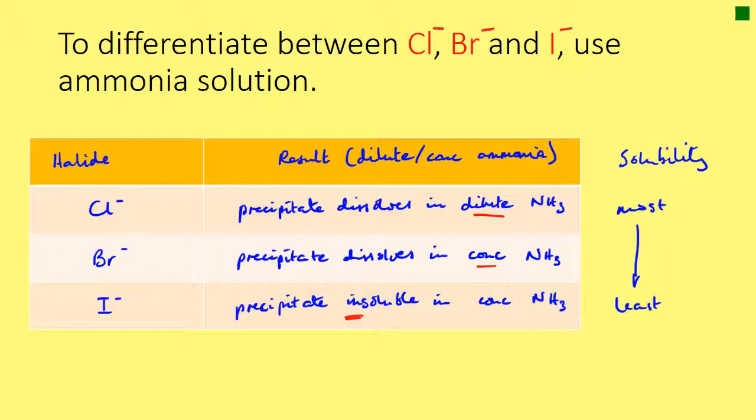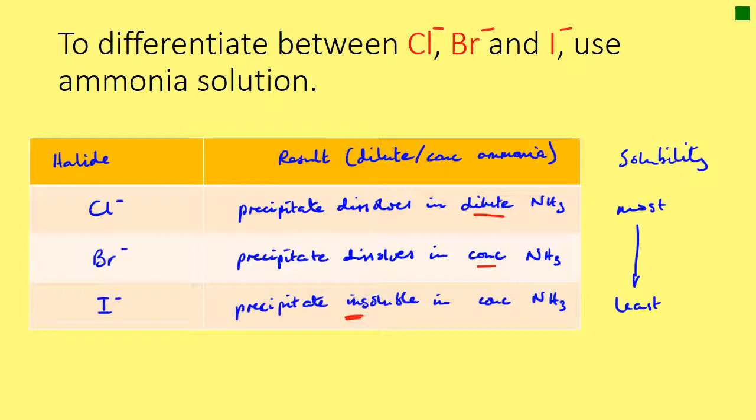Okay, so we've already sorted out our fluoride, so we don't need to add ammonia to our fluoride, but we do want to distinguish between our chloride, our bromide, and our iodide. So if you remember, when we added dilute ammonia to our chloride, it dissolved.